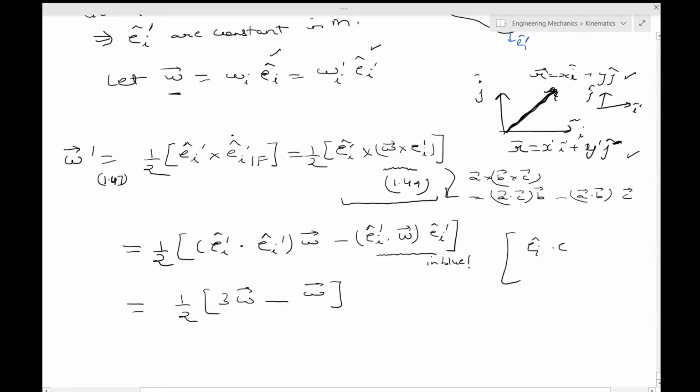Ei dash dot ei dash is equal to e1 dot e1 plus e2 dot e2 plus e3 dot e3, this is 1 plus 1 plus 1, so that's equal to 3.